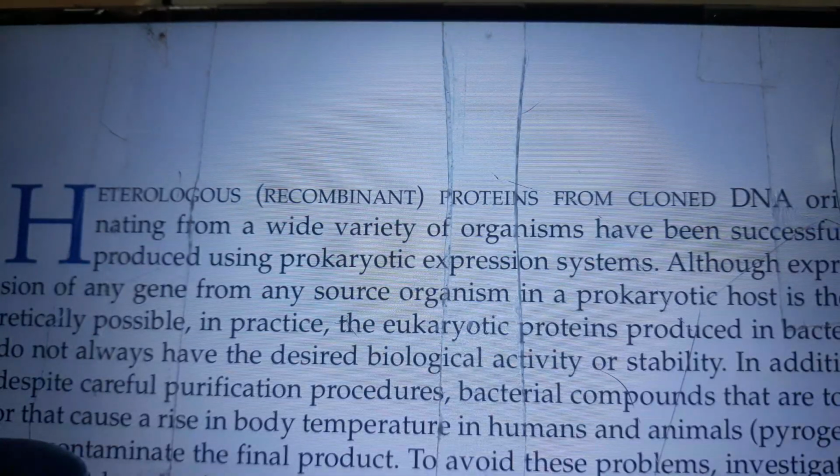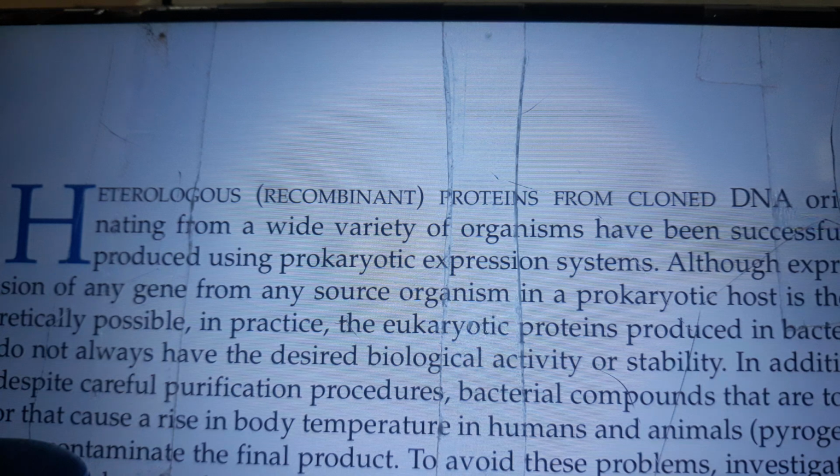The topics underlying this chapter are post-translational modification of eukaryotic proteins, general features of eukaryotic expression systems, fungus-based expression systems, baculovirus insect cell expression systems, mammalian cell expression systems, a summary, and the review questions follow.